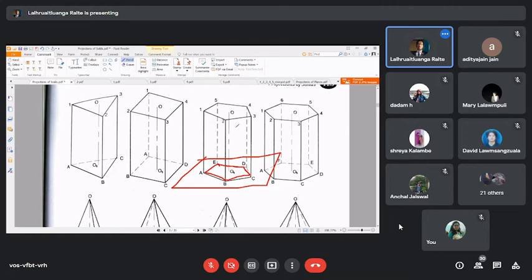You have five faces, and you make one face parallel to the horizontal plane. At the same time, the axis is perpendicular to the vertical plane.